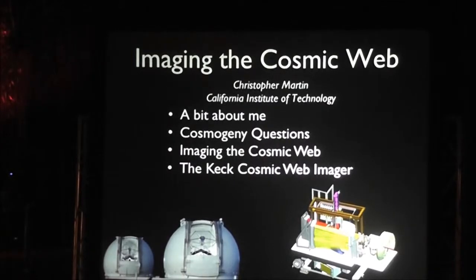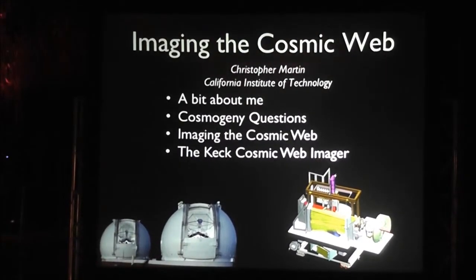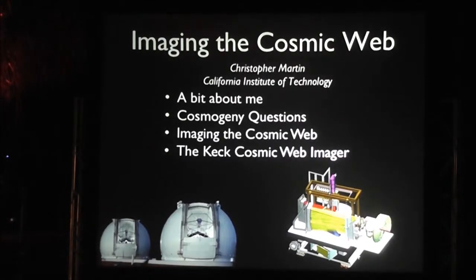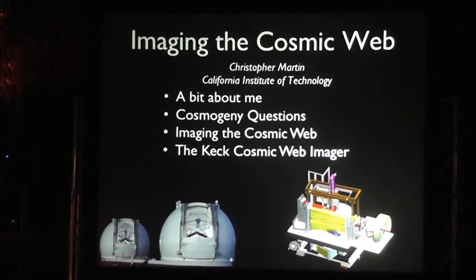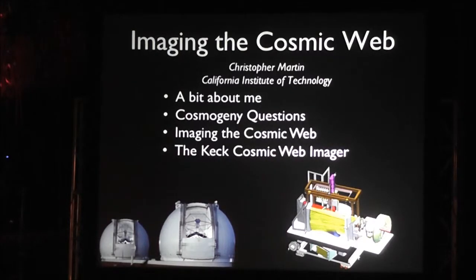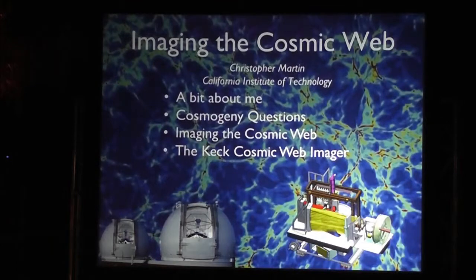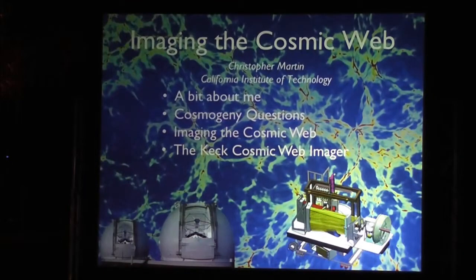And we don't have maps of this intergalactic medium, even though it connects the entire universe. It runs between galaxies, and it's the basic backbone, the architecture of the universe. So we're trying to actually, for the first time, make those images and maps with this new instrument, the Keck Cosmic Web Imager. And what we would see with these kinds of maps is an image like that on the sky, a beautiful image of how the universe is structured.